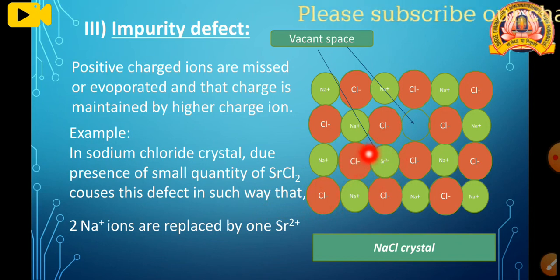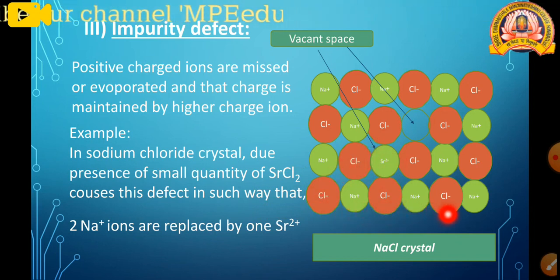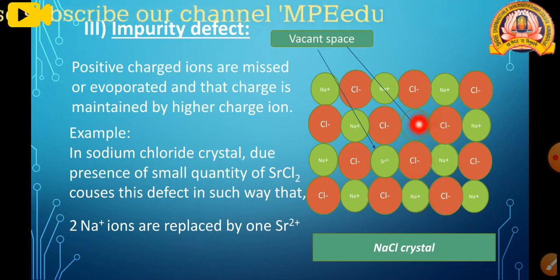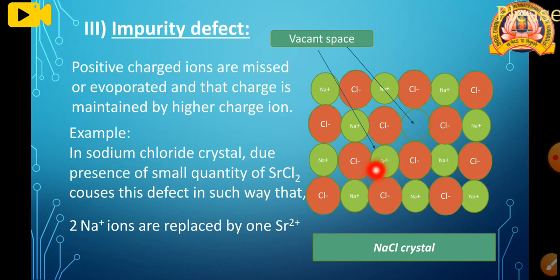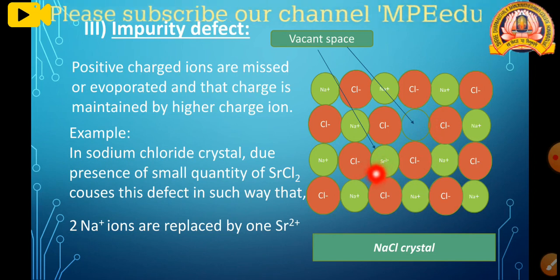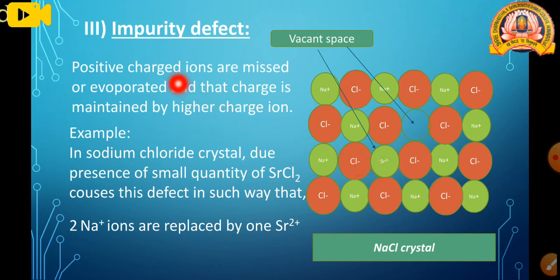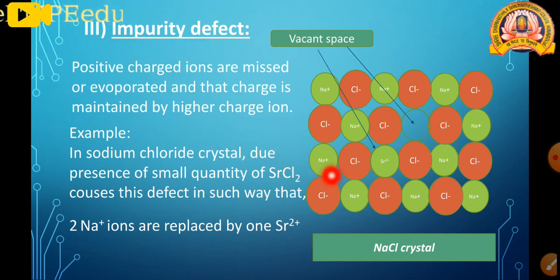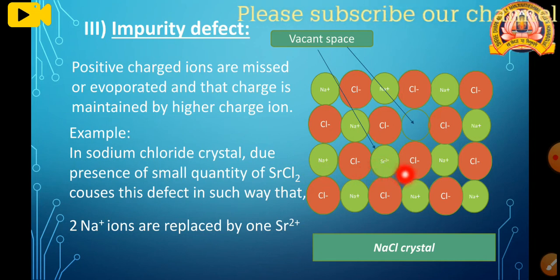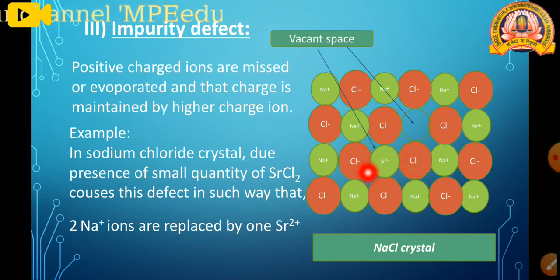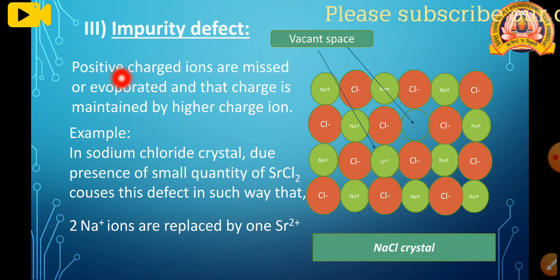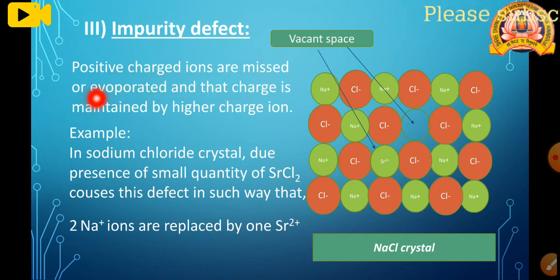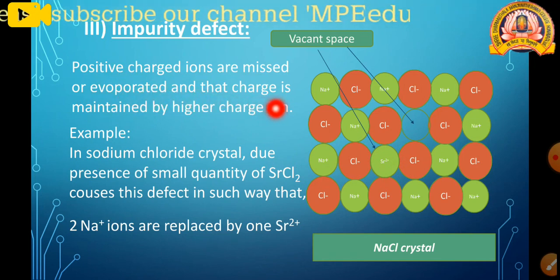Suppose 2 sodium are evaporated, 1 vacant remains, then 1 strontium acquires the vacant space. That means the number of vacant spaces present in the crystal equals the number of strontium ions that take the neighboring sites in the sodium chloride crystal. That is the relation. The same number of vacancies and the same number of strontium ions are present in the crystal.